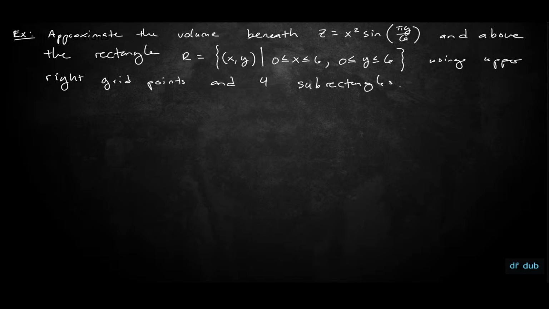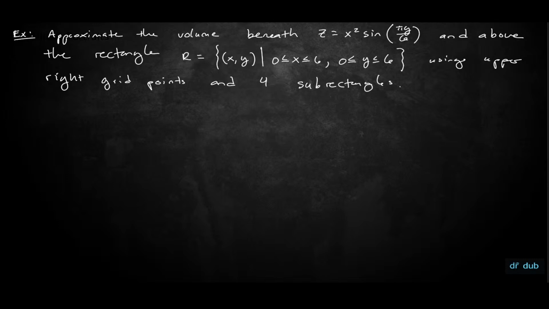Let's see, solution. I'm going to draw this rectangle because that's the most important part. It doesn't really matter what the surface looks like, to be honest. So this rectangle is from 0 to 6 in the x direction, 0 to 6 in the y direction. So here is our rectangle. It's actually a square.